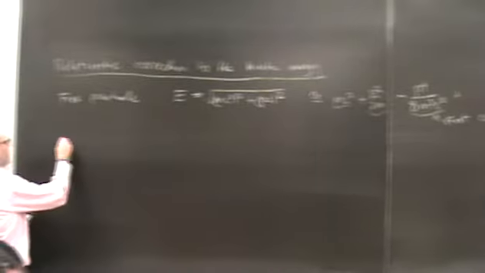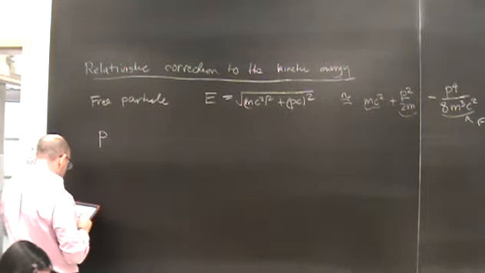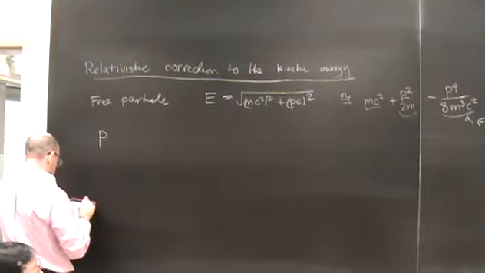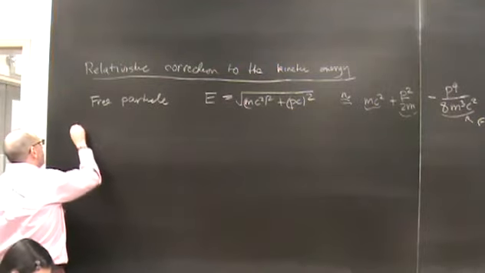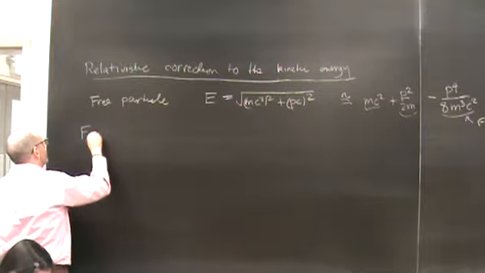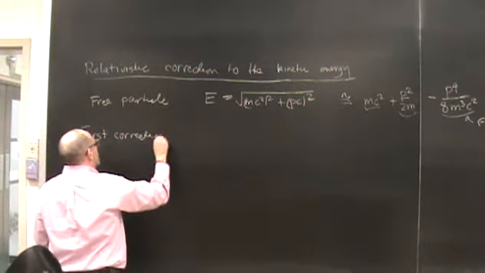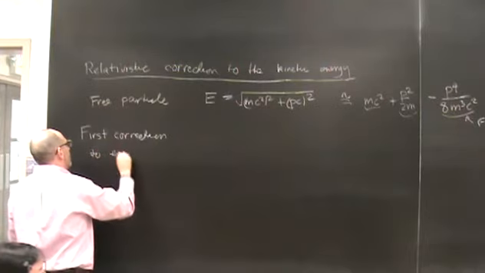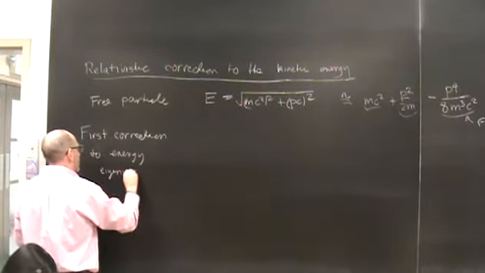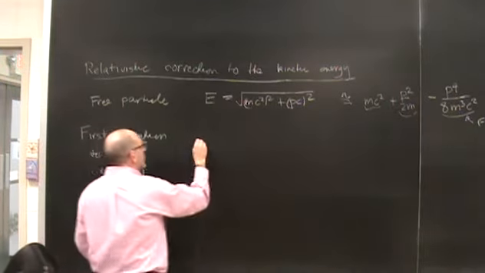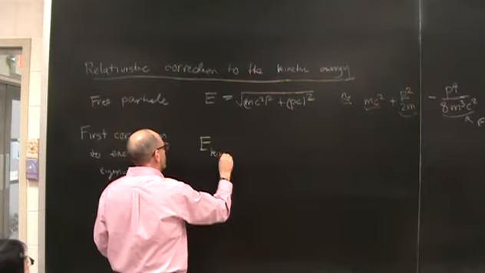So one way to look at it is the following. So the lowest order, so the first correction, is an energy eigenvalue. We'll call this the kinetic energy term.